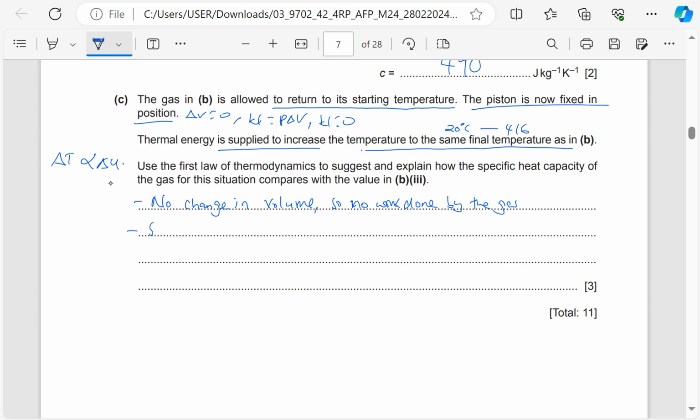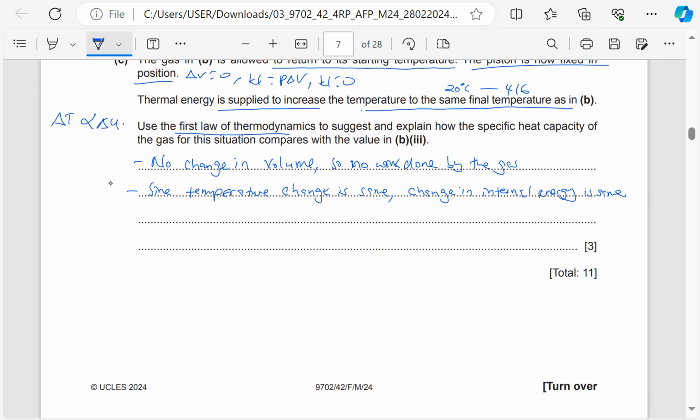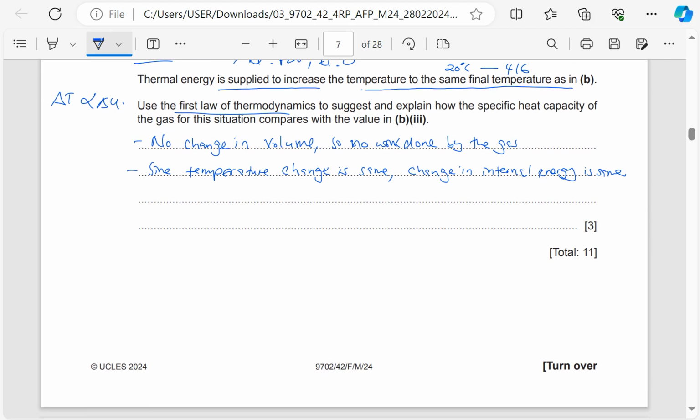So since temperature change is the same, the change in internal energy is also the same. Okay, so use the first law of thermodynamics to suggest and explain how the specific capacity of the gas for the situation compares with the value in B.